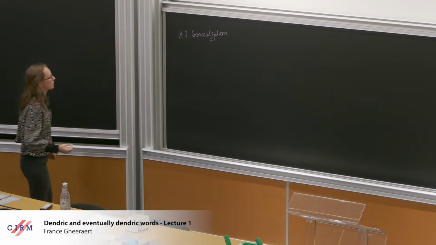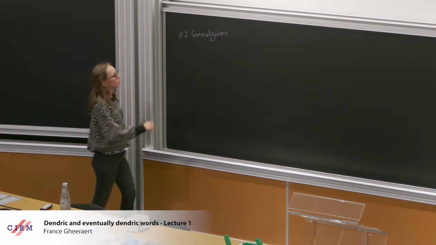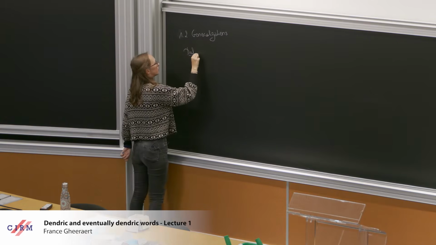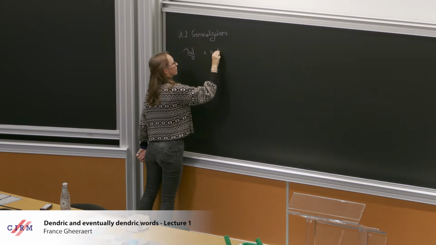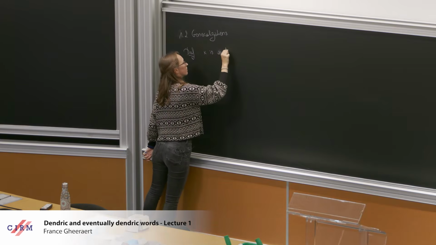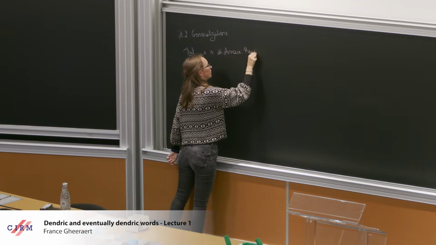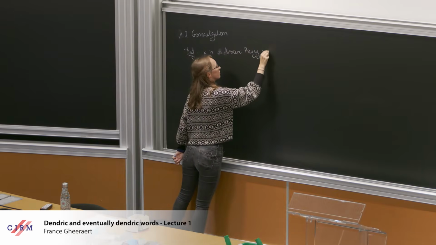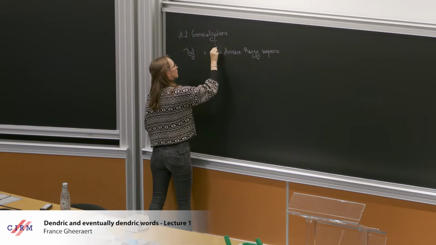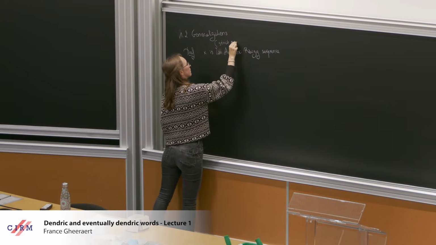And the first generalization I'll talk about is one we heard about yesterday, and it's the Arnoux-Rauzy sequences. We also say that these are called strict episturmian sequences.